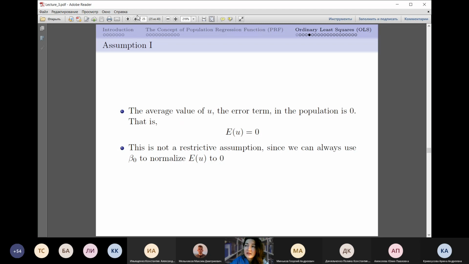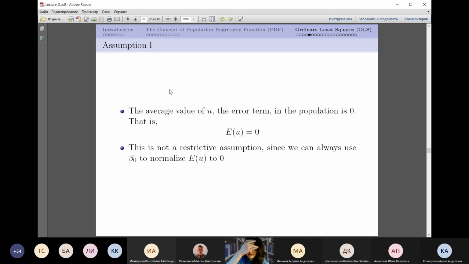But we need to hold some assumptions. As with every method and every approach, if we want it to work correctly, we need to hold some assumptions. Most of them we will discuss next time, but two of them we will discuss right now because these two assumptions are very critical for this method.